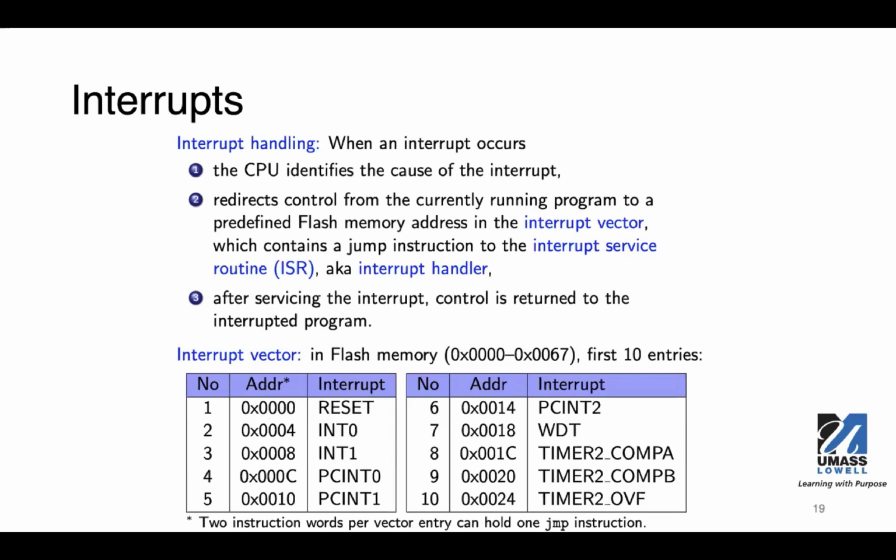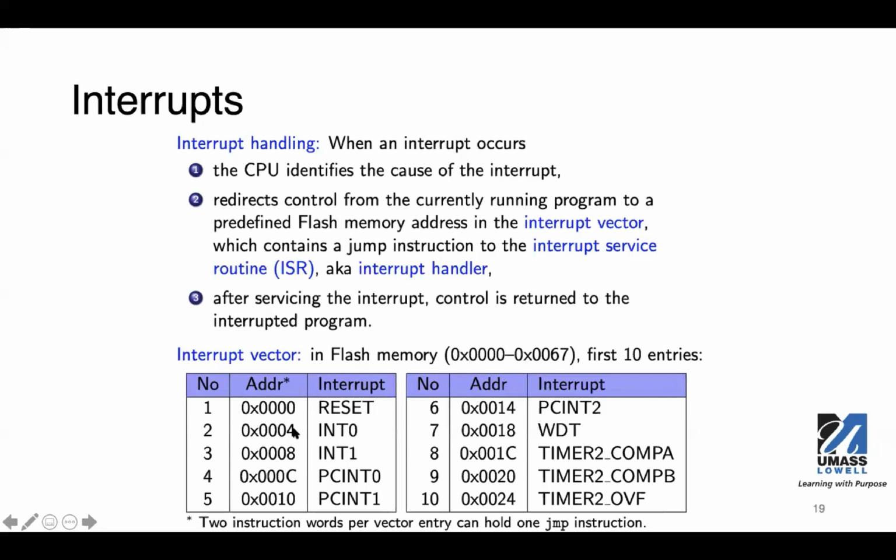And typically you will find a jump instruction at this memory location, and that jump instruction will take the processor to the interrupt service routine. So the target address of that jump instruction will take you to the actual interrupt service routine. Same thing for other interrupts.